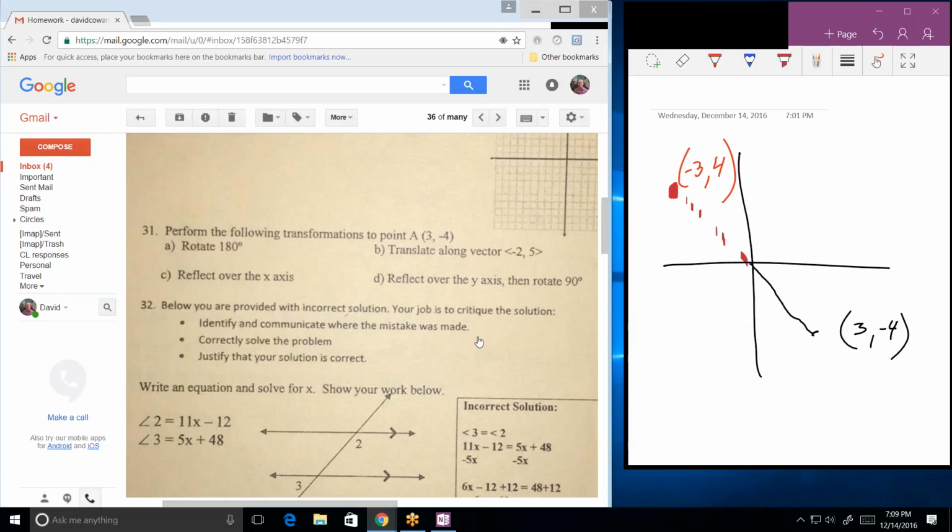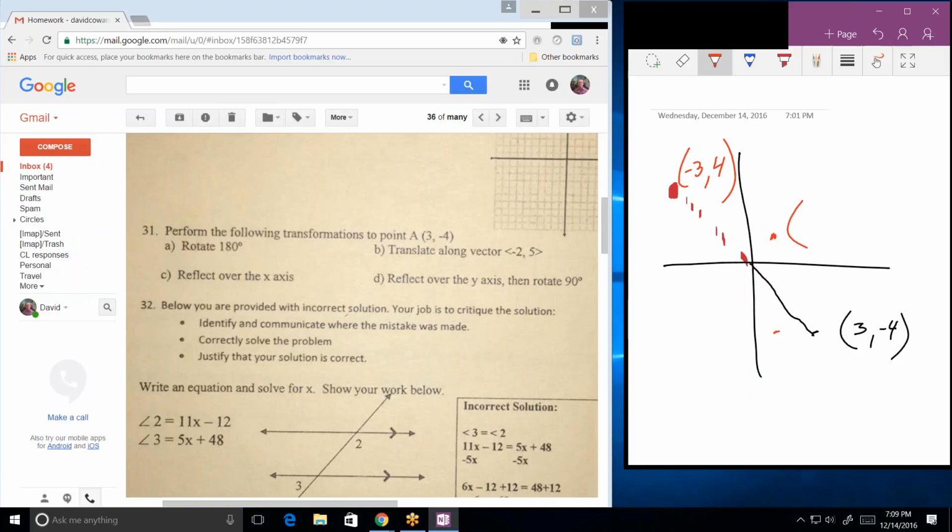In other words, what they're saying here is that if I start from the original point and I go left 2 and up 5, where do I end up?